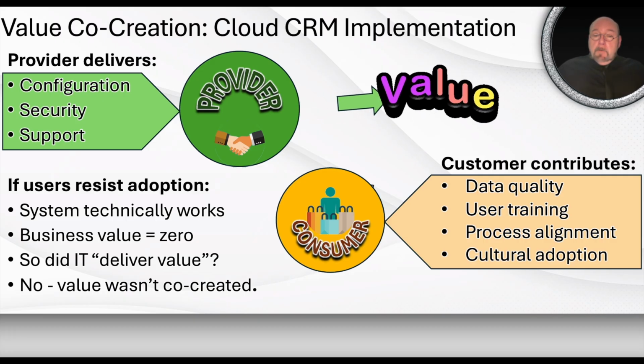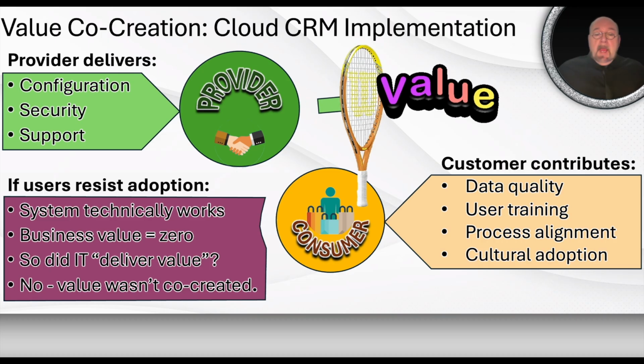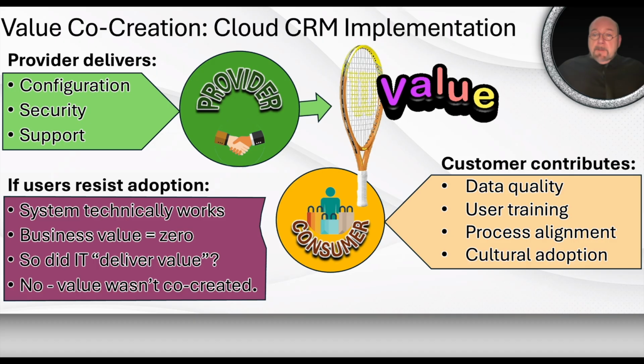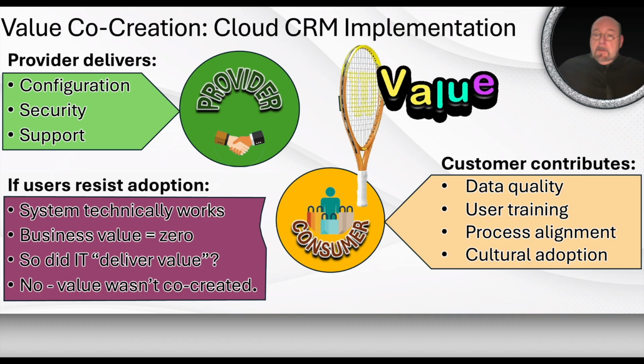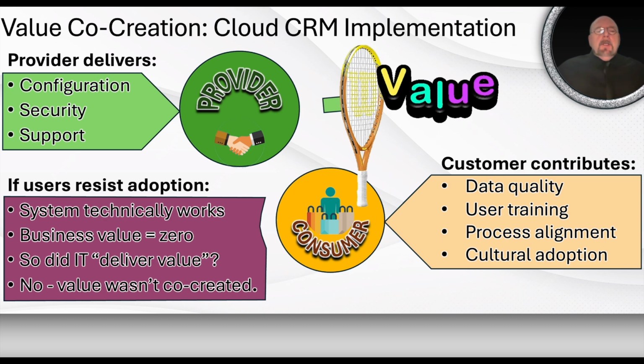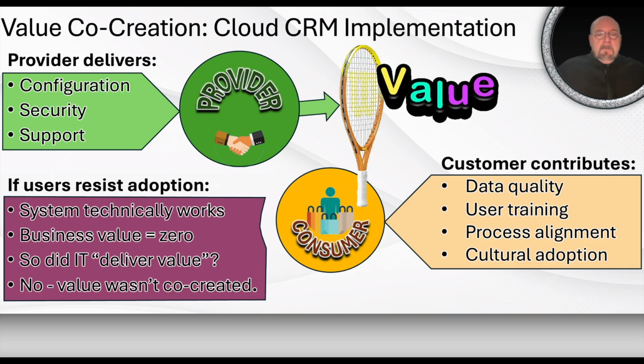If they don't, then we're blocked. Then value can't happen. If users resist adopting this new system, and people are busy, they tend to say, why are you changing everything? The system technology works. Business value is zero.